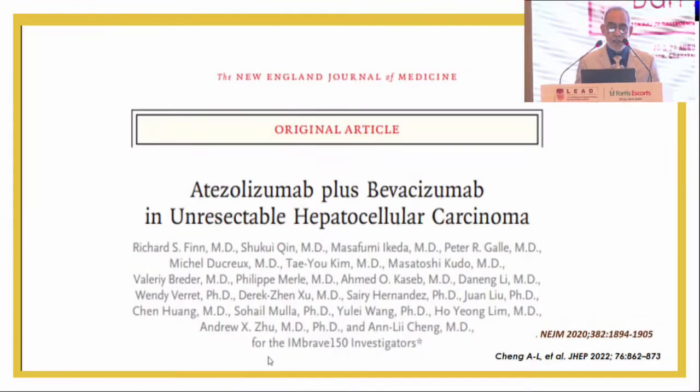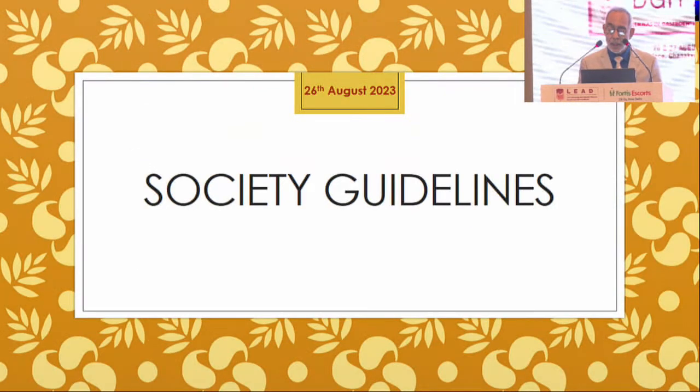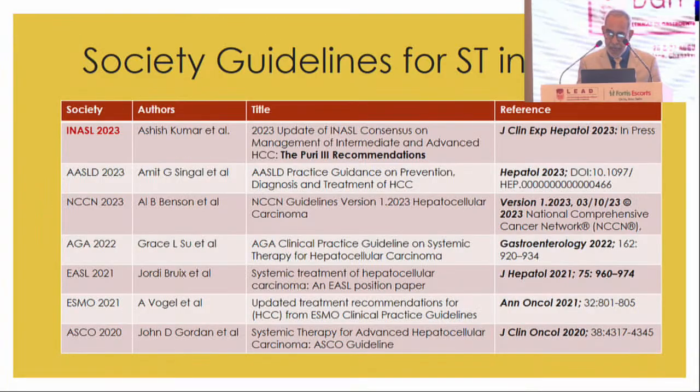But I think across the board, all society recommendations clearly endorse that the first line therapy, wherever feasible and where it is not contraindicated, as for example in people who have autoimmune disorders, would be atezo-bev for unresectable HCC. And as Ashish pointed out, in the last 3 years, there has been a very large number of guidelines. The Indian national guideline has just come out last week.